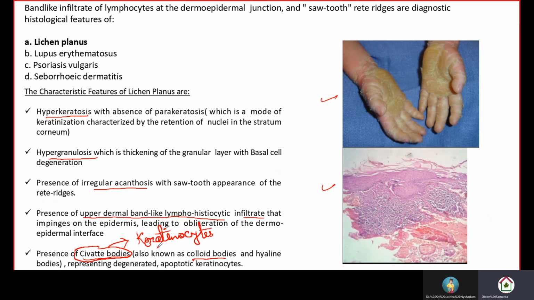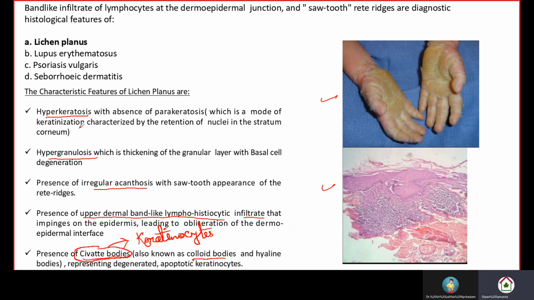Other features are hyperkeratosis with absence of parakeratosis. Parakeratosis is a mode of keratinization characterized by the retention of nuclei in the stratum corneum.